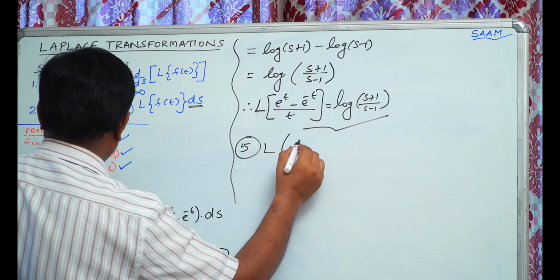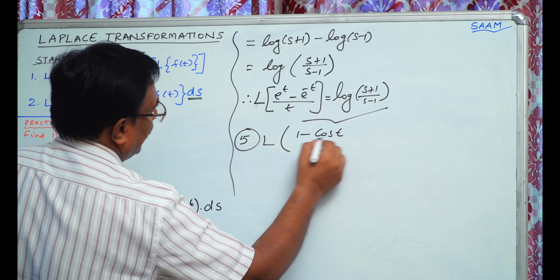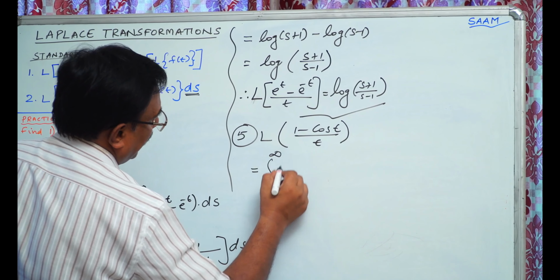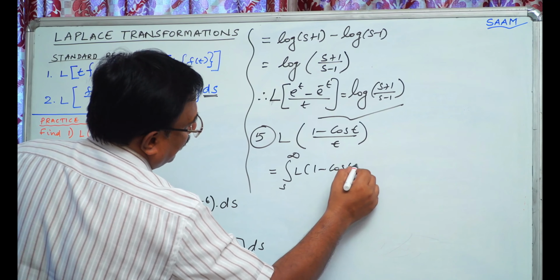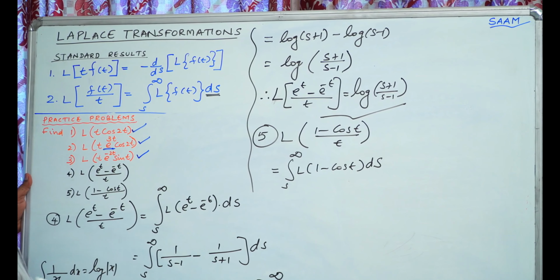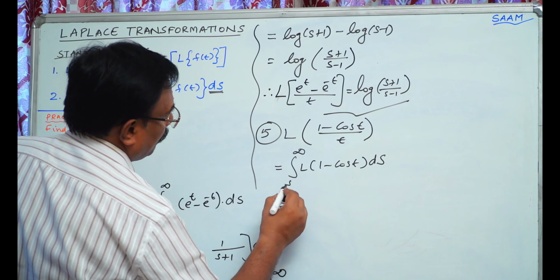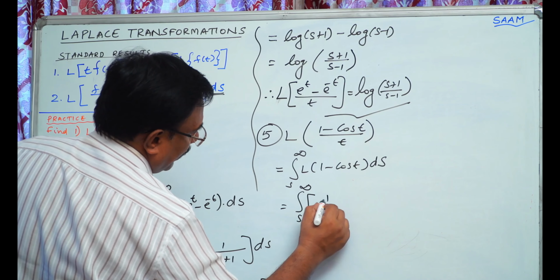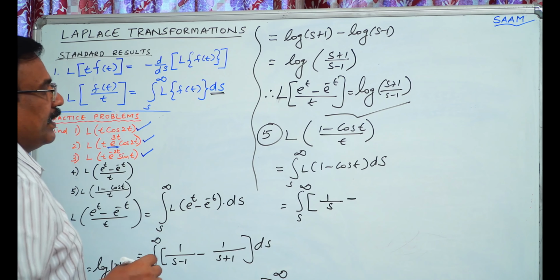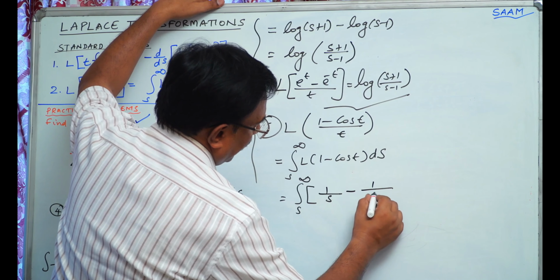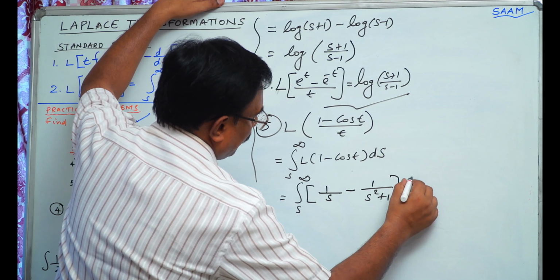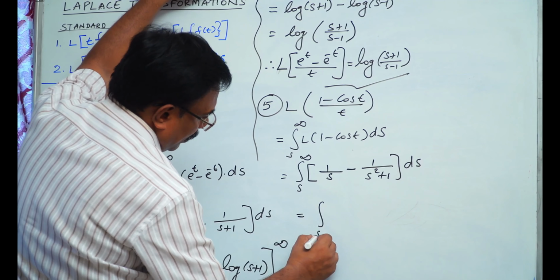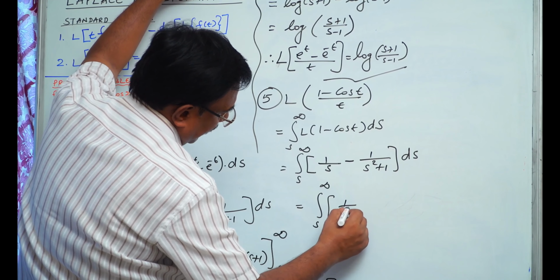Now 5. Laplace transformation of (1 minus cos t) divided by t is equal to integral s to infinity Laplace of (1 minus cos t) ds, which is integral s to infinity of Laplace of 1 is 1 by s minus Laplace of cos t is s by s square plus 1 with respect to s. So, I can put ds, one small step for getting the integral directly.